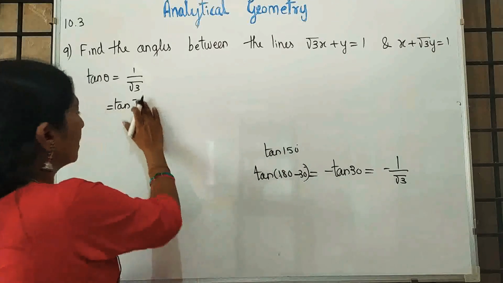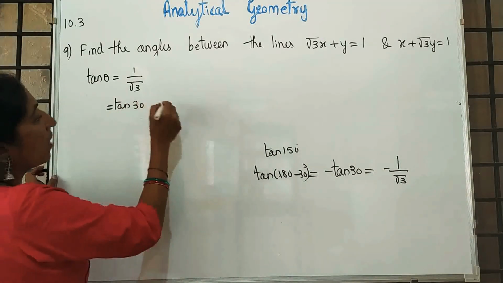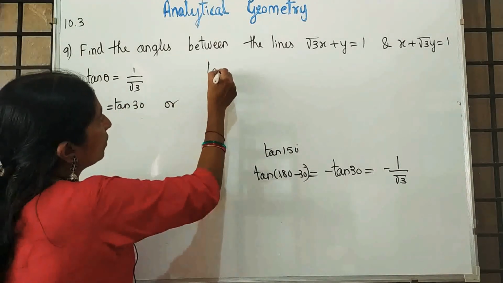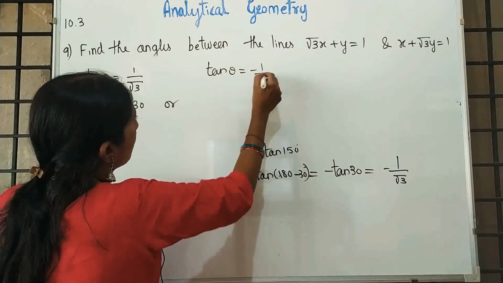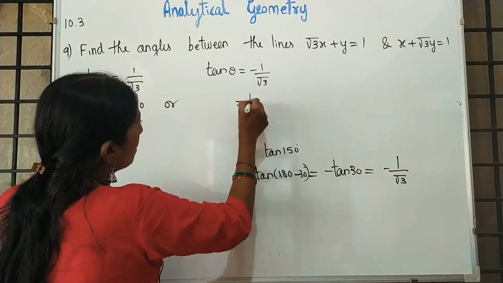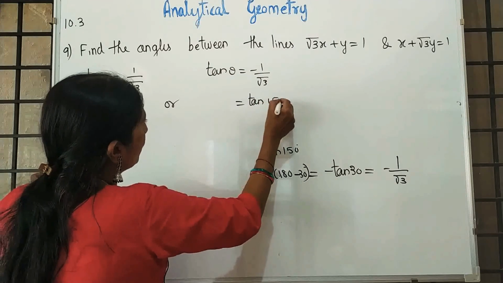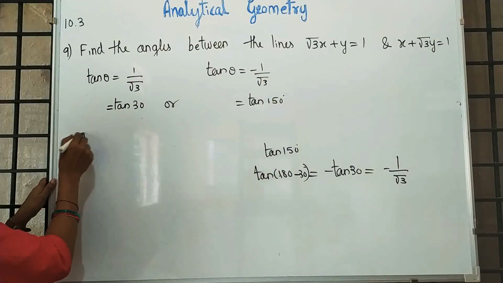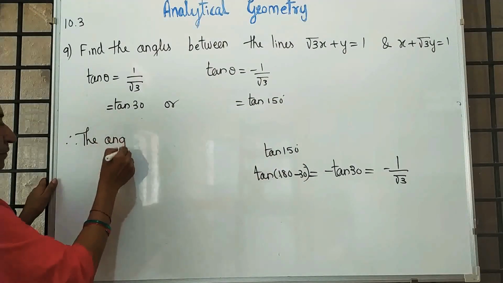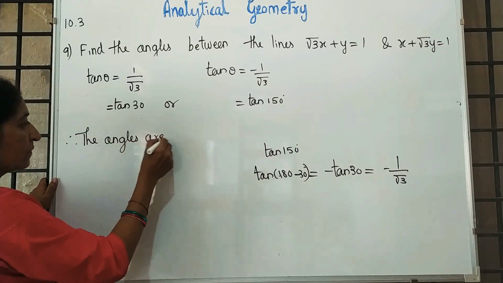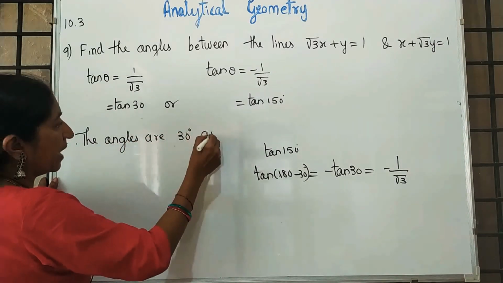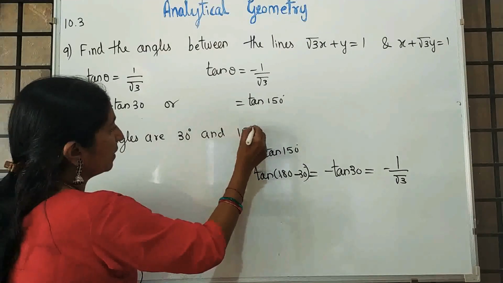So tan theta is minus 1 by root 3, that is tan of 150 degree. Therefore, the angles are 30 degree and 150 degree.